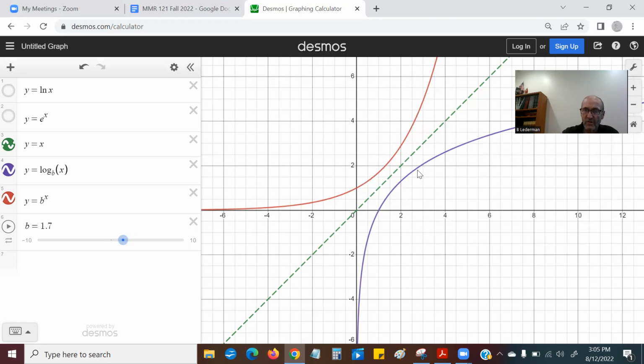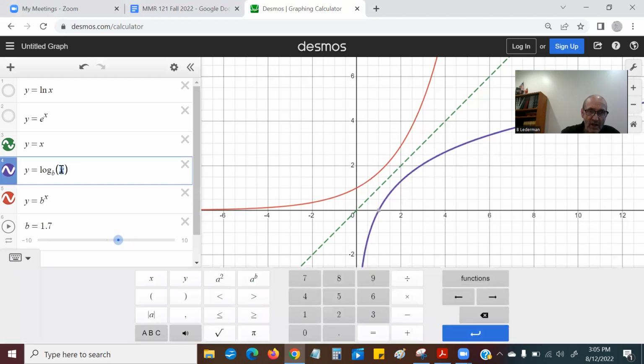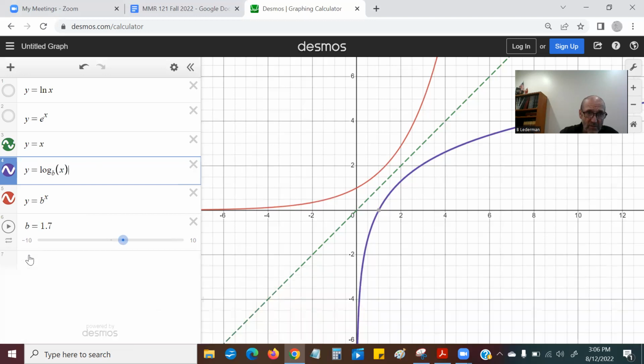Notice that x on the log function never ventures past, it's asymptotic to the y-axis. So it's always a positive number. Not only is it never negative, it never even hits 0. The x that goes into the log is always greater than 0, never less than, and never even equal to 0. That's a big thing about logarithms.